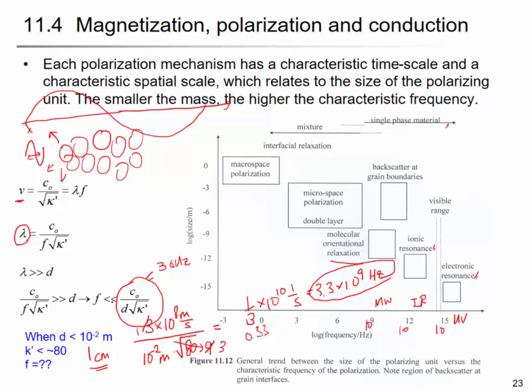So with the antenna or the GPR, if you want to avoid the reflection or the scattering by the particle and have more penetration depth, the frequency should be less than that. If it's larger than that, then you have energy loss by the scattering or the reflection.